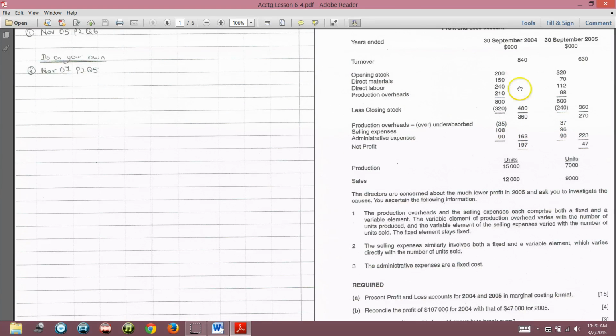And then we have the opening and closing stock figures. All this opening stock and closing stock includes the fixed production overhead. The closing stock figure includes the fixed production overhead, but in our marginal costing, the opening and closing stock do not include the fixed production overheads. Right.